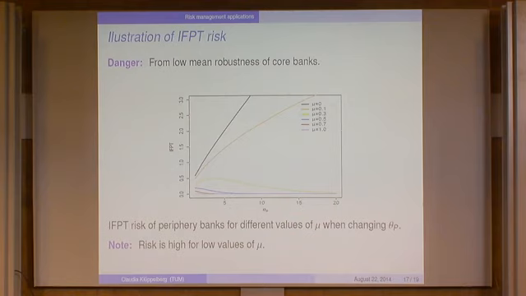As long as mu is high, when we look at these lines here, that's not a bad strategy because their default risk actually decreases. However, when mu is 0.1, which is the yellow line, or even 0, which is the black line, this is completely counterproductive.